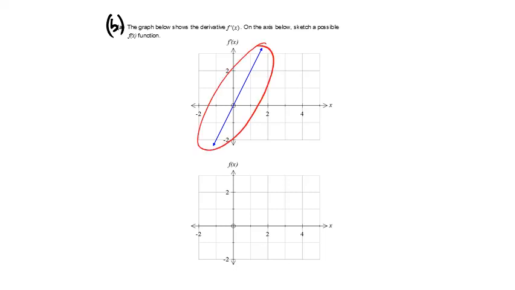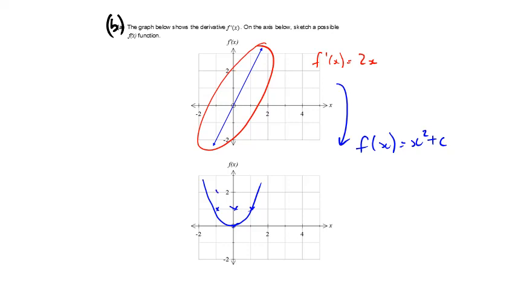This equation is going to be, so f dash x is 2x, which therefore means when I integrate that, I'm going to get f of x is x squared plus c. So it's going to go through any of those points.